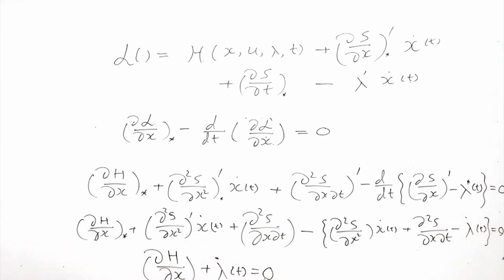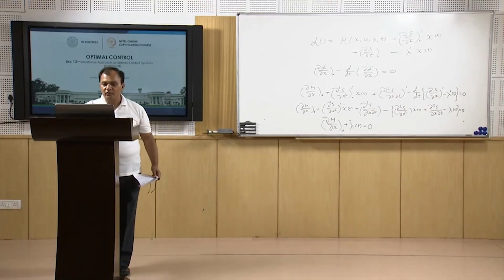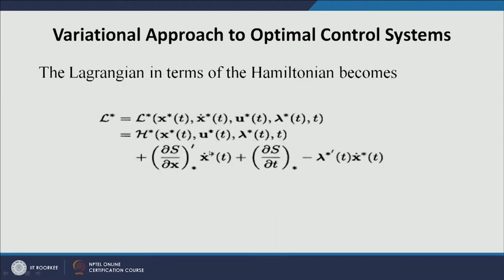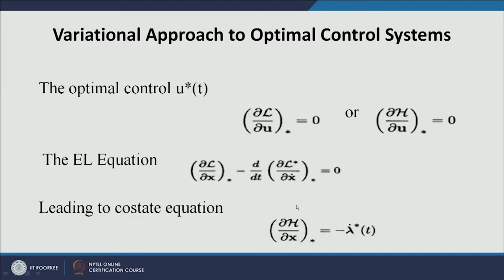So, if I expand my EL equation in terms of the Lagrangian, and use the Lagrangian in terms of the Hamiltonian, this equation finally leads to ∂h/∂x equal to minus λ̇(t), and this is known as my co-state equation.